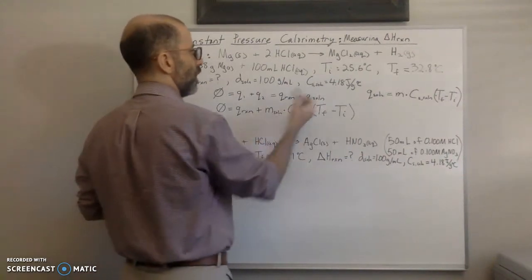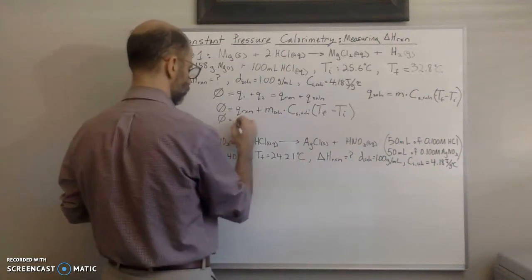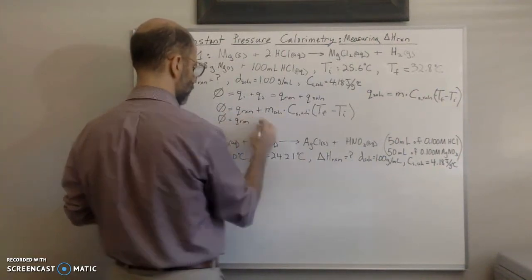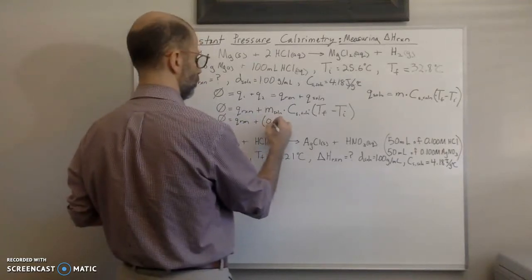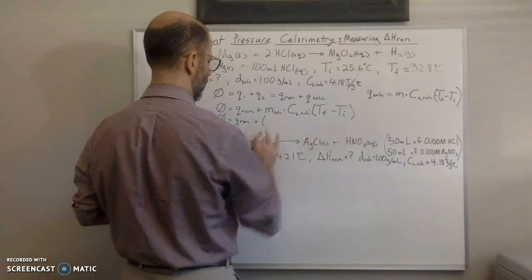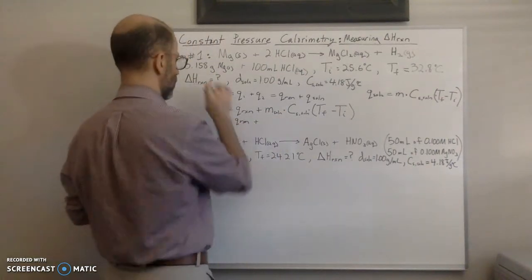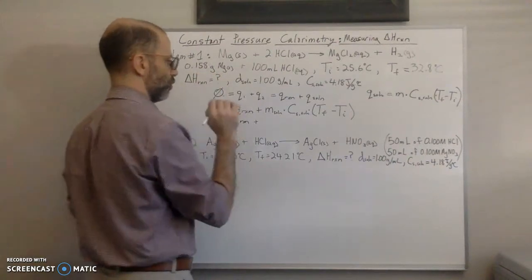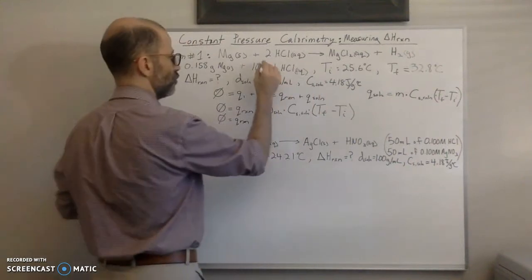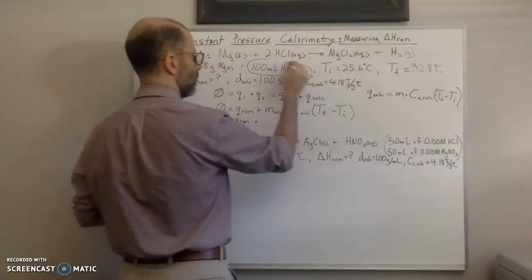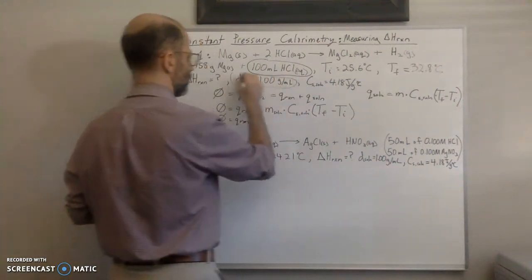So then we plug in the mass. So 0 is equal to Q of the reaction plus, and then we're going to have 0. Oops, my bad. This is the mass of the magnesium. We want the mass of the solution. So to get the mass of the solution, we have to use the volume of the solution and the density of the solution here.